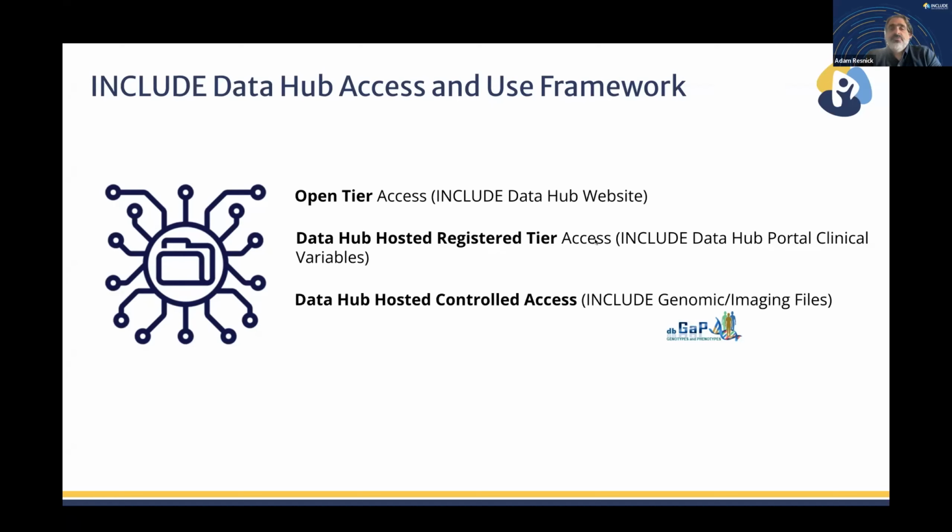Some of the data objects or files themselves fall into what the NIH deems as controlled access. And all that really means is that you have to apply through a standard dbGaP access workflow for the use of controlled access data. And this is really a layer of protection defined by the NIH for the use of genomic data. Even though data are de-identified, genomic or comprehensive genomic data can still be more sensitive than other data variables.